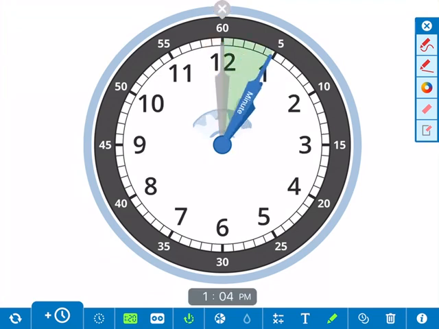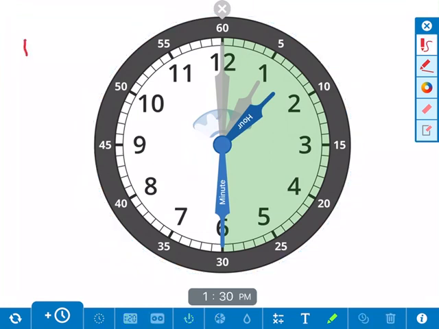Now let's pass half an hour for class 2. So what time is 1:30? 1:30 for class 2. Now for class 3 we will also pass half an hour, and for class 4 the same.